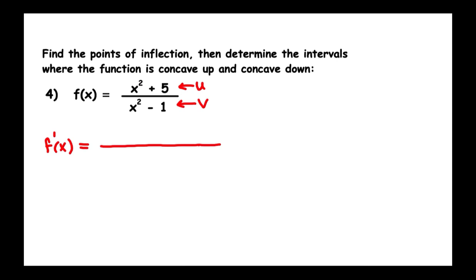We got u prime v minus uv prime over v squared. Here's the v squared. That's the easy part for me. Okay, u prime v. Looks good. Minus u v prime. I'll do v prime first. V prime and then u.